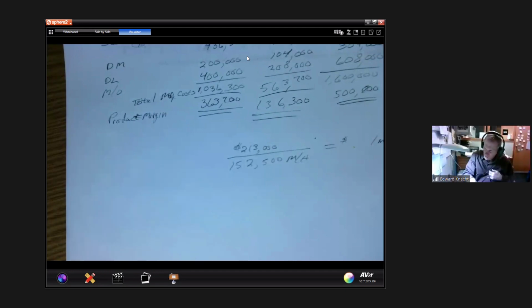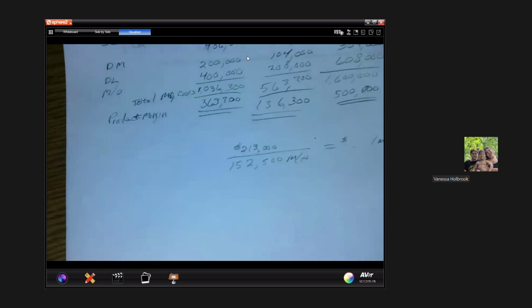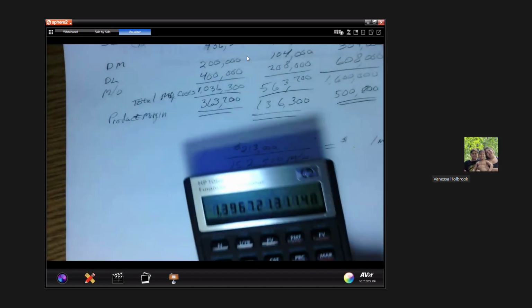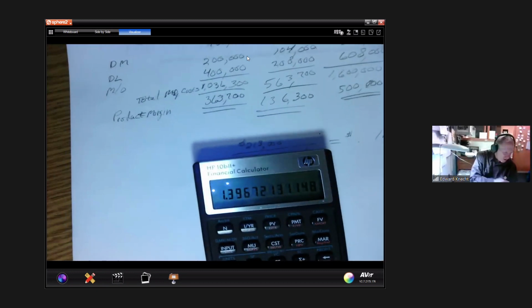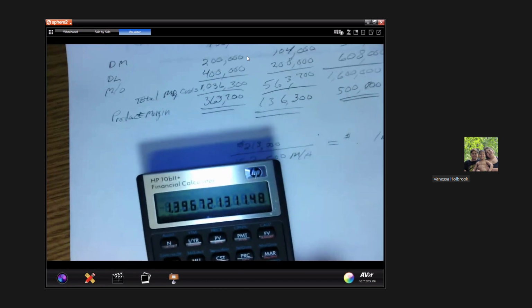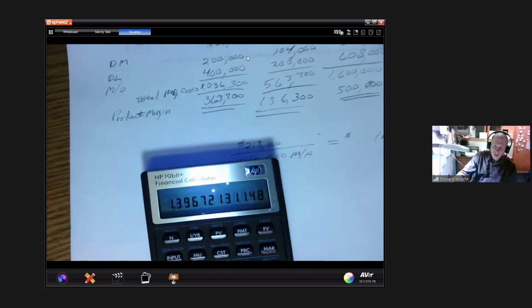Yes, that's what I got. Wouldn't that be 140? Or is that $1.40? Well, it could be $1.40 rounded to the nearest penny, right? Because that's what I got in the calculator. Yes, I got 1.4. See, because it rounded for you.